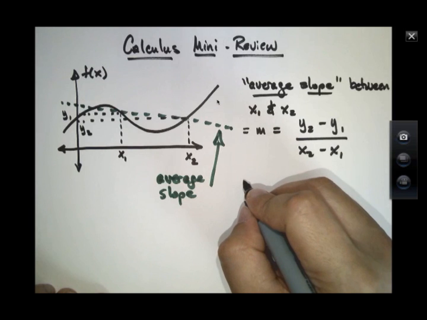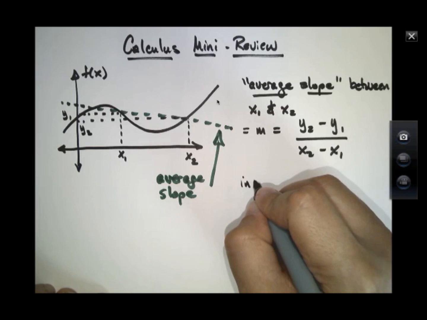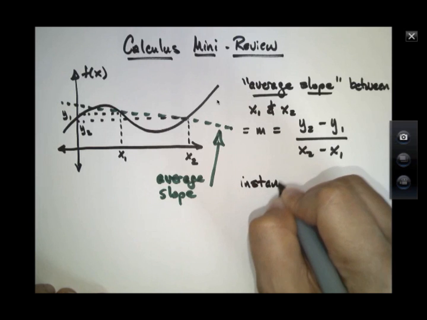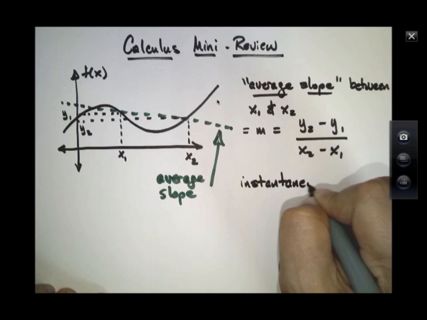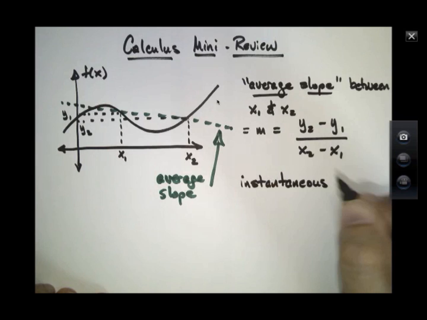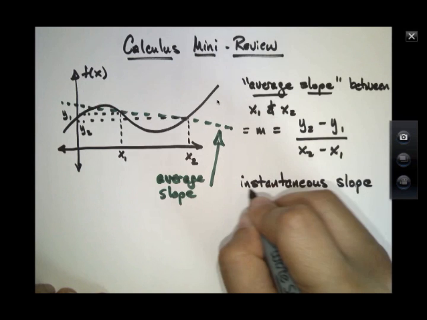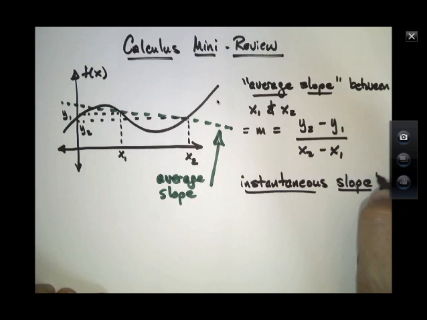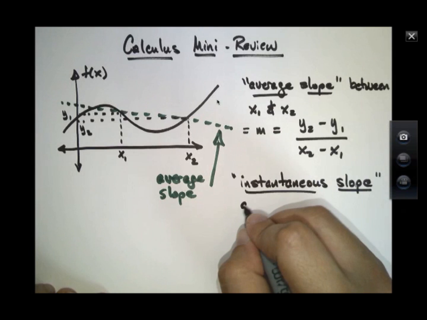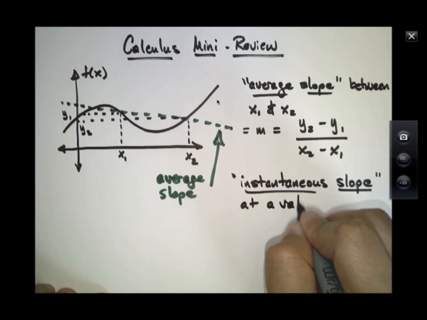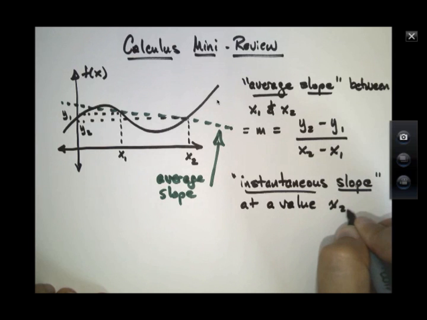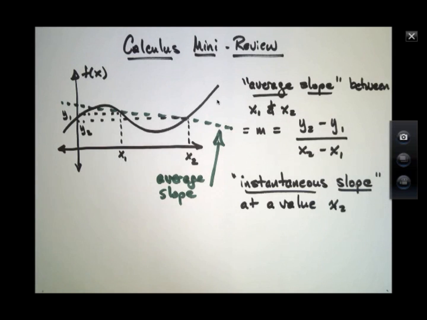Another slope that we can sometimes concern ourselves with is what's called the instantaneous slope. What we mean by that is the slope of the graph as it is heading off to be at a particular value x somewhere on the graph.